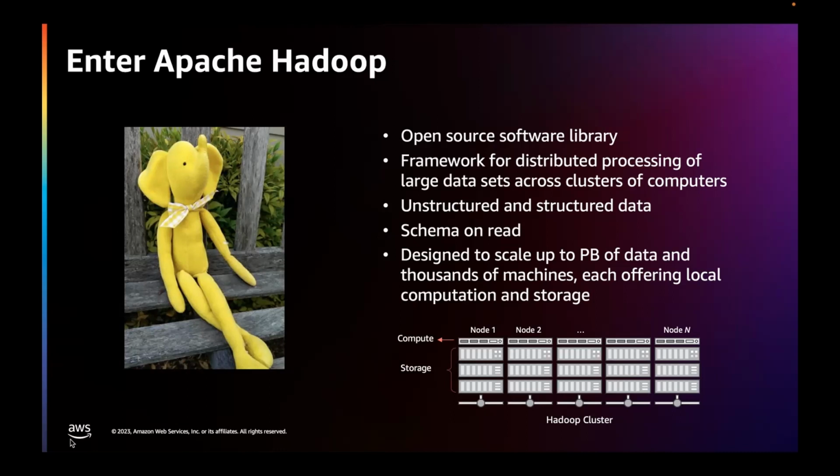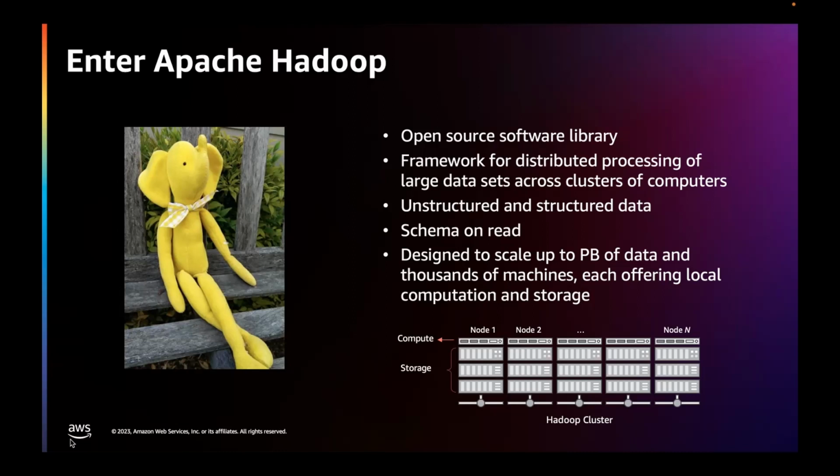So some of the cool things about Hadoop were that it made a whole bunch of quote-unquote cheap servers look like a highly available and scalable supercomputer. The framework supported all types of data and provides a different approach in which you define the schema on read, so it's kind of on the fly, if you will.